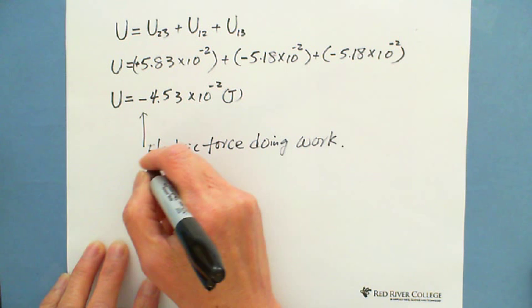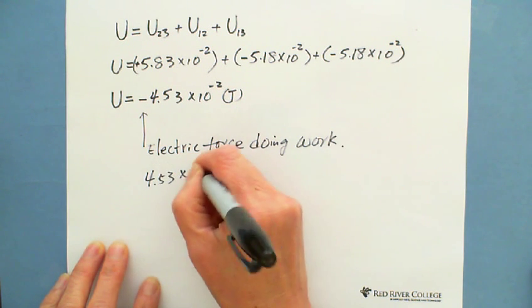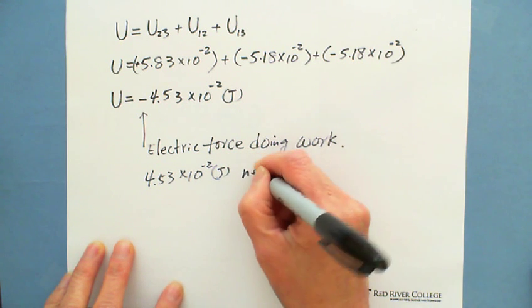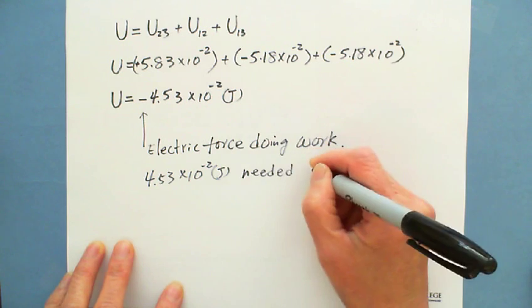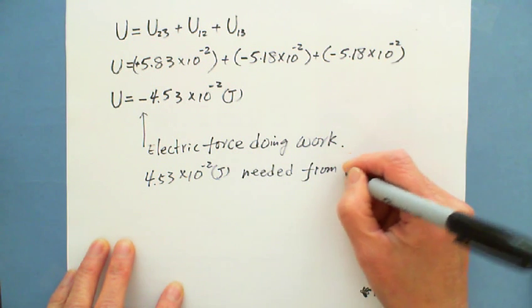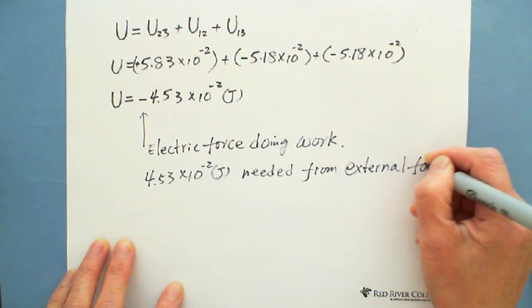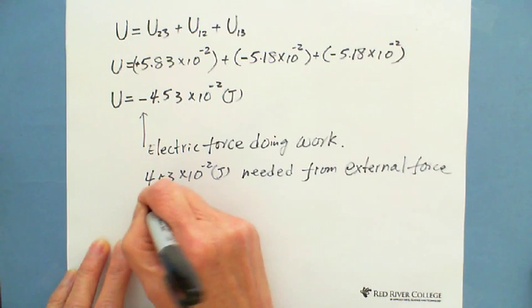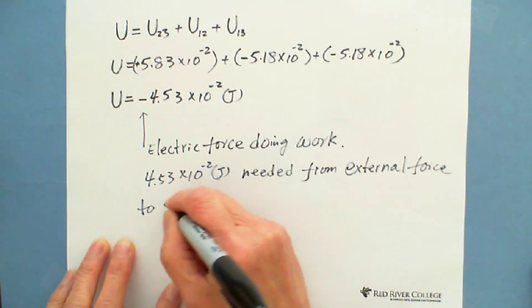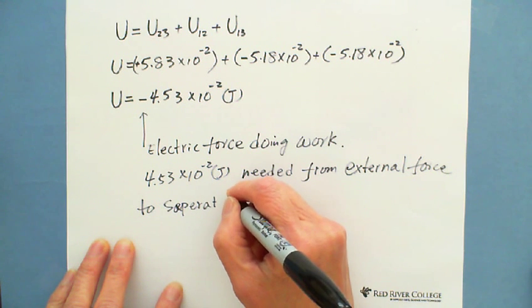So we need 4.53 times 10 to the negative 2 joules of energy from an external force to separate these three charges. Now they are brought together; if we want to separate them again, we need 4.53 times 10 to the negative 2 joules of work from an external force.